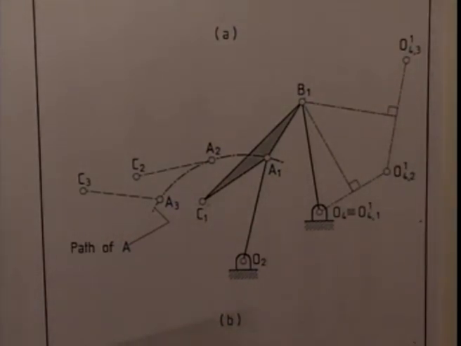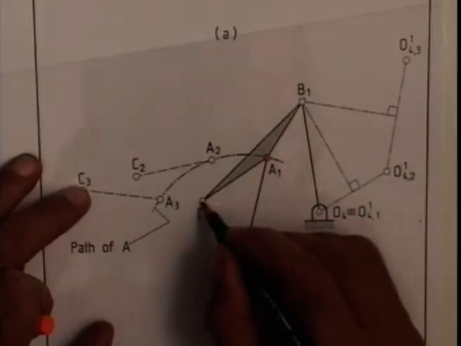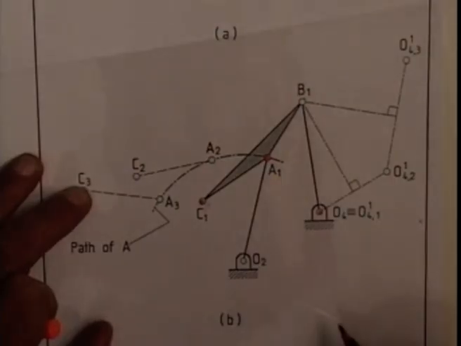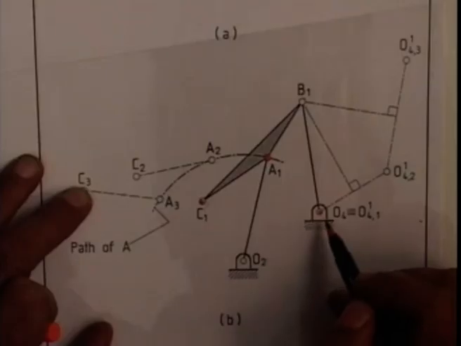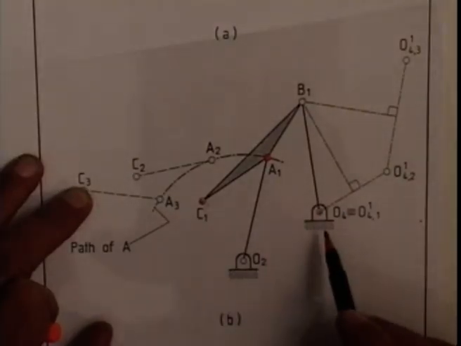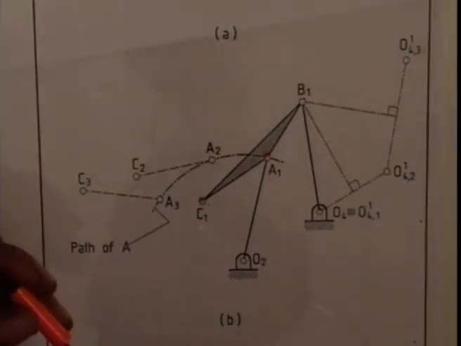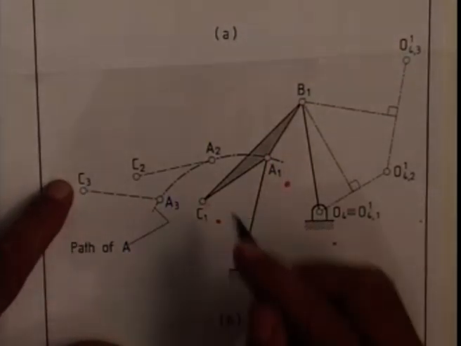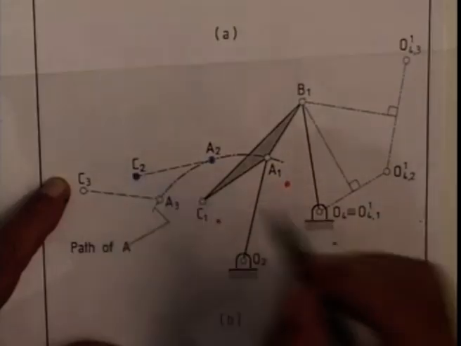Let me repeat it. We mark A1, C1 and O4. These are the relative positions of A, C and O4 in the first configuration. So I call this O4 1 1. Corresponding to the second configuration, the relative positions we mark are A2, C2, O4.